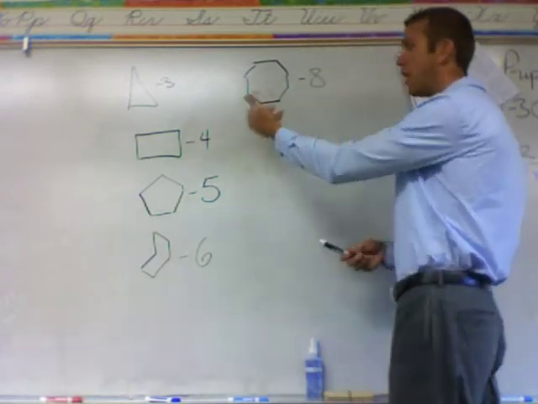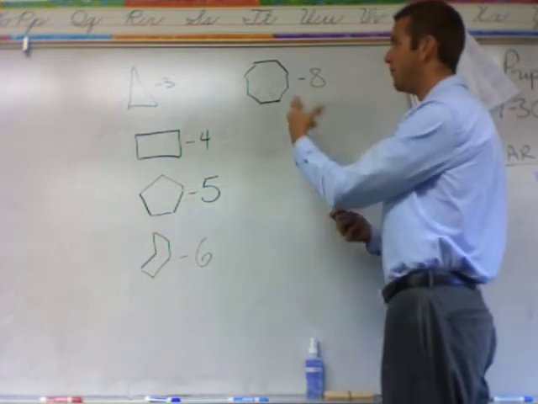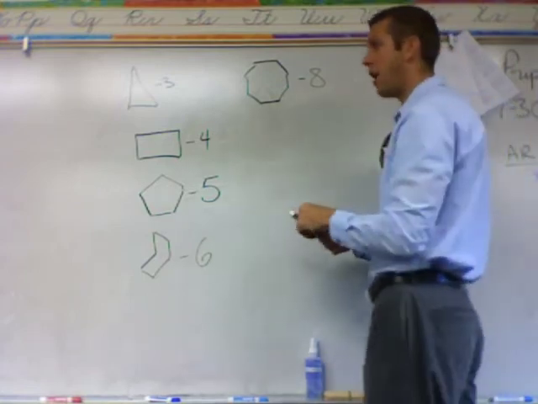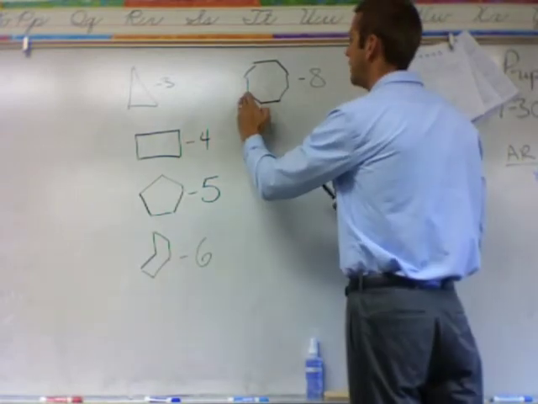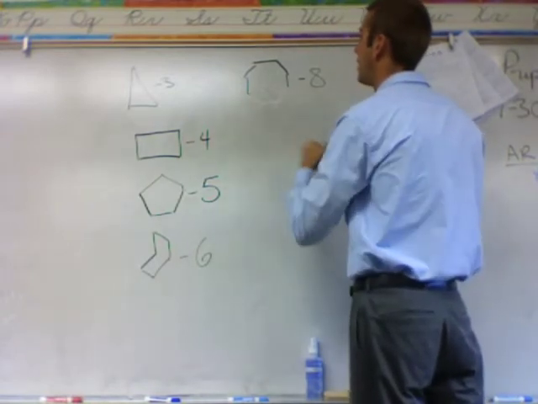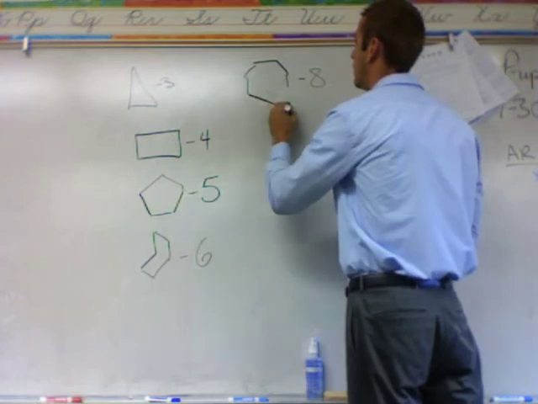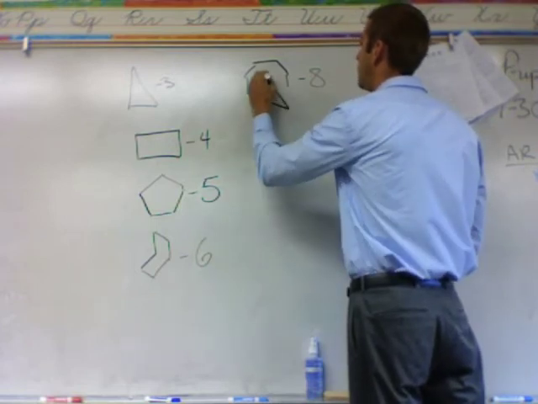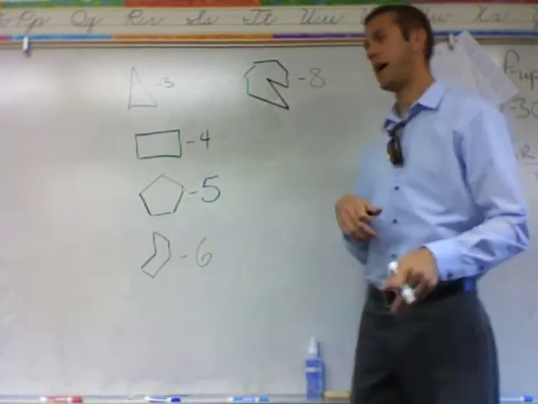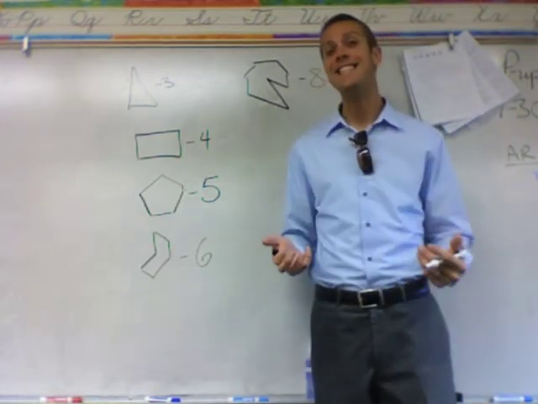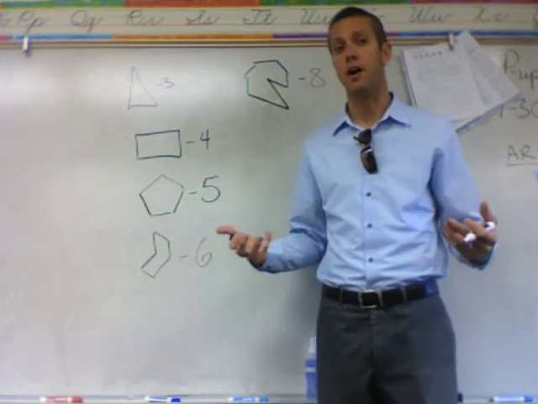An octagon, you usually see as a stop sign. An octopus has 8 tentacles. Octagon, 8 sides. I could change this to look like a jaw-dropping Pac-Man or something. It still has 8 sides, therefore it's an octagon.